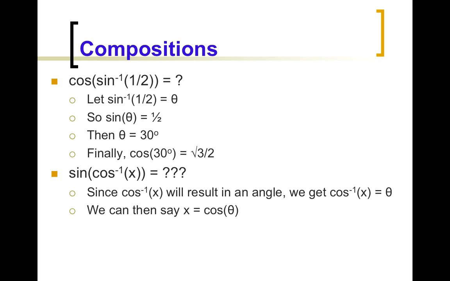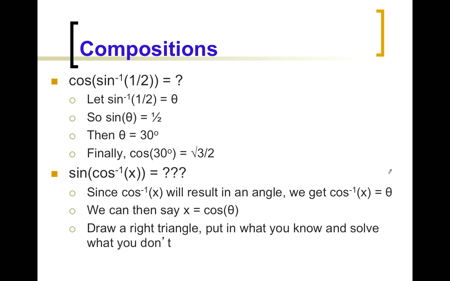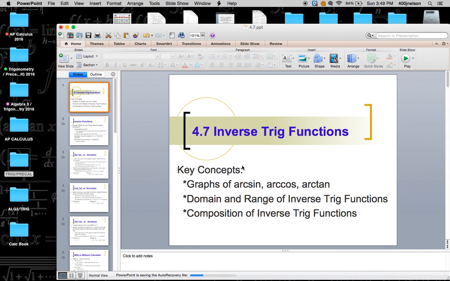Well, it doesn't really look like it's helping us at all, but what we can do is go back to what we know about right triangles and trigonometry. If this is my theta, it says the cosine of theta is equal to x. Well, x is the same thing as x over 1, and we know cosine is adjacent over hypotenuse. By using the Pythagorean theorem, we can find that this side is equal to the square root of 1 minus x squared, which then means we can find the sine of theta.